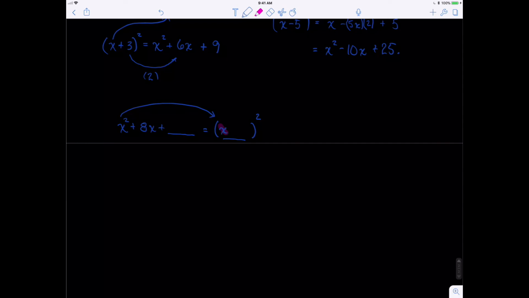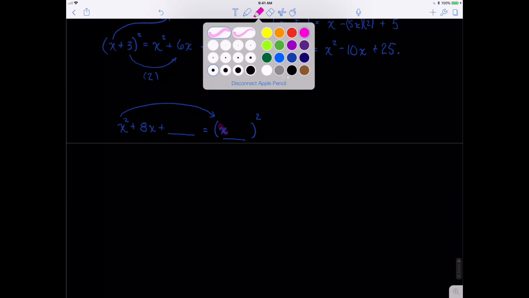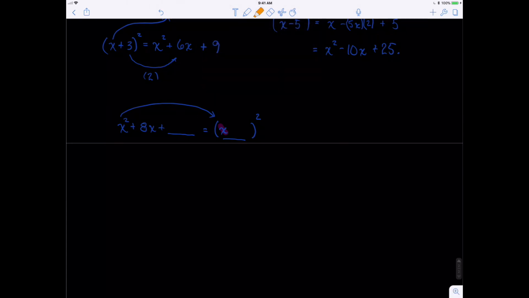Now, let's do this in a different color. How about orange? And then this orange spot here comes from taking the orange number and squaring it to get this.